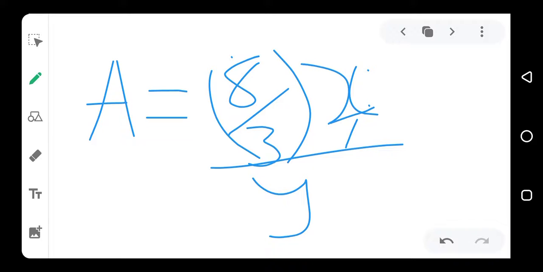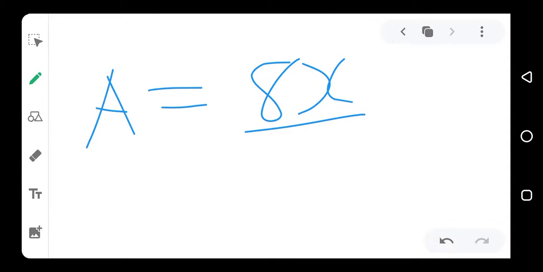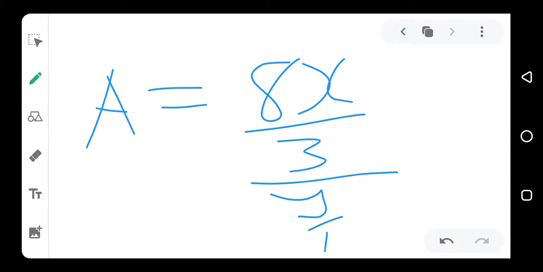Then this divided by Y. This Y is on its own, so we can still divide it by 1. This whole thing now represents the upper one, that is the numerator.